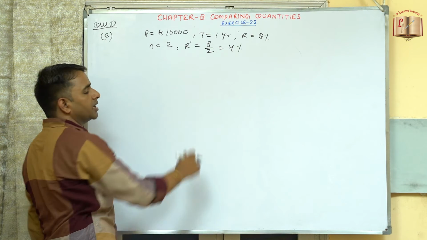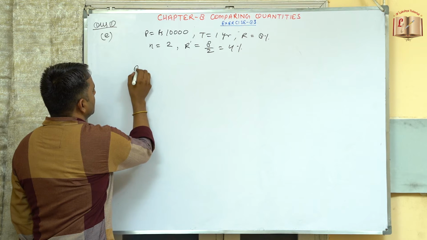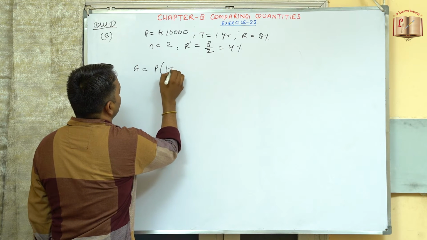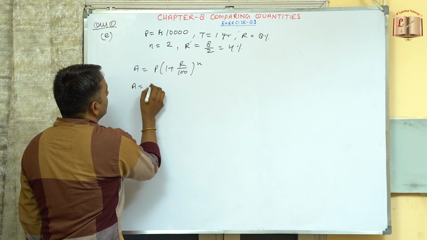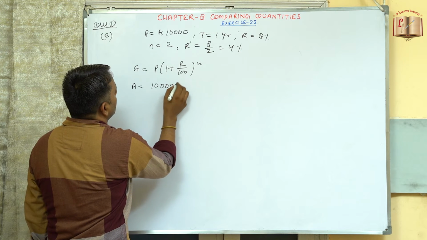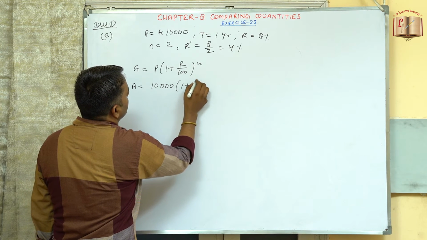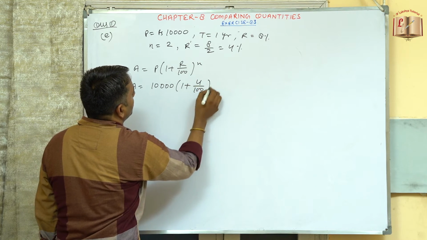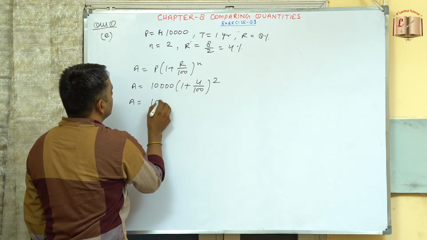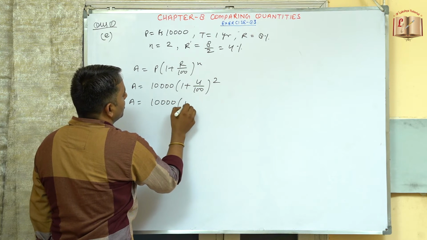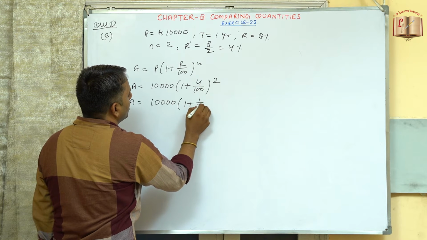Since it is half yearly, we also halve the rate. So A equals P times (1 plus R by 100) to the power n. A equals P, which is 10,000, times 1 plus rate 4 by 100 to the power n, n is 2. So A equals 10,000 times (1 plus 1 by 25).